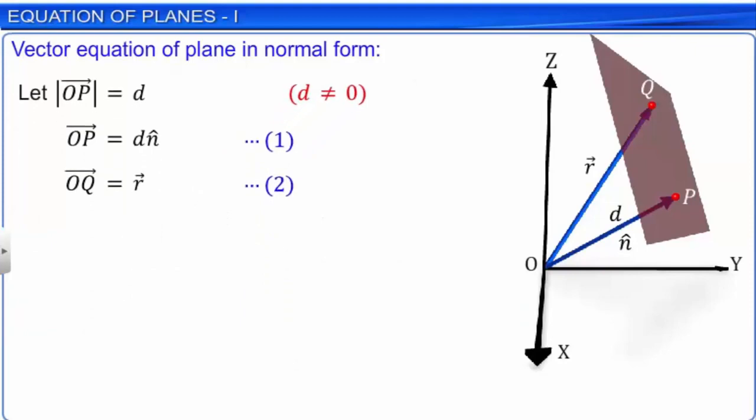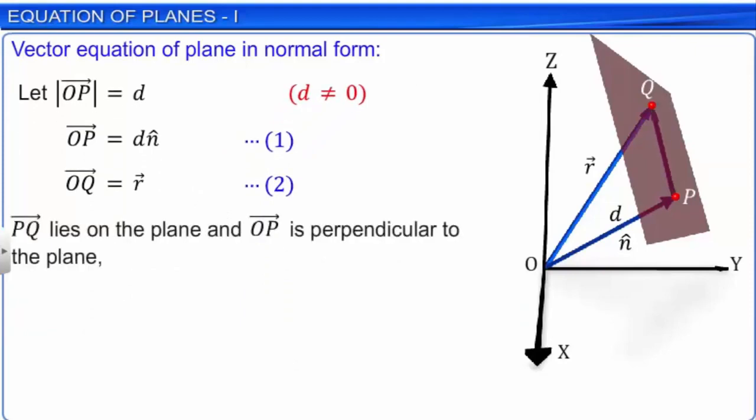Let us draw vector PQ. Vector PQ lies on the plane and vector OP is perpendicular to the plane, which implies that vector OP is perpendicular to vector PQ. Since vector OP is perpendicular to vector PQ, their dot product is equal to 0. Let this be equation 3.